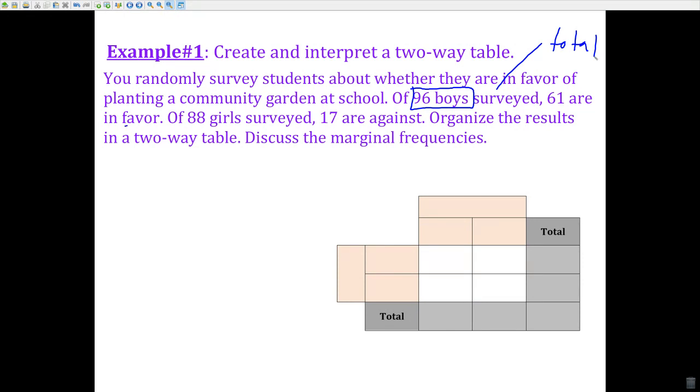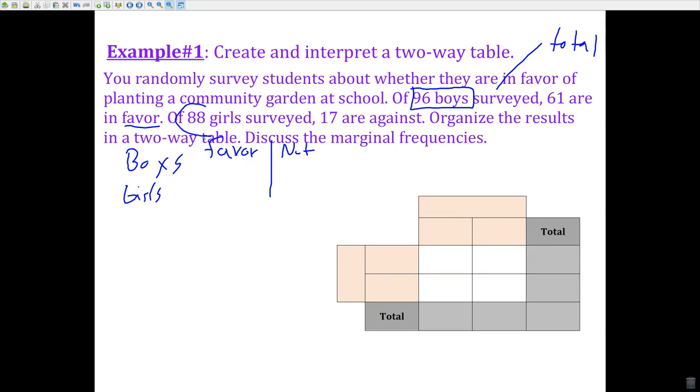Okay, so it looks like we're going to be talking about boys and girls that favor something or don't favor something, just based on what I just read. I could be wrong, but typically you can kind of find out what it's going to look like even before you get going. 88 girls surveyed.